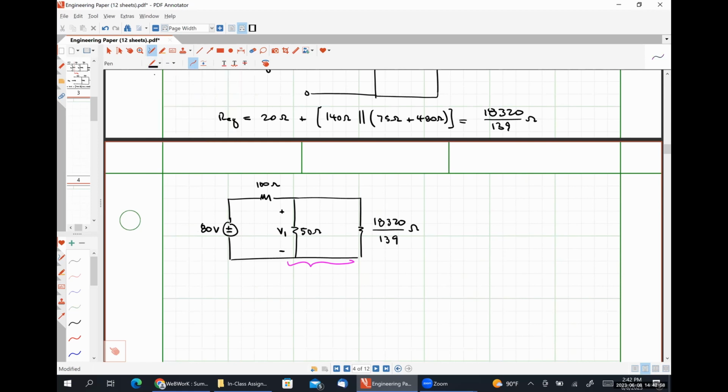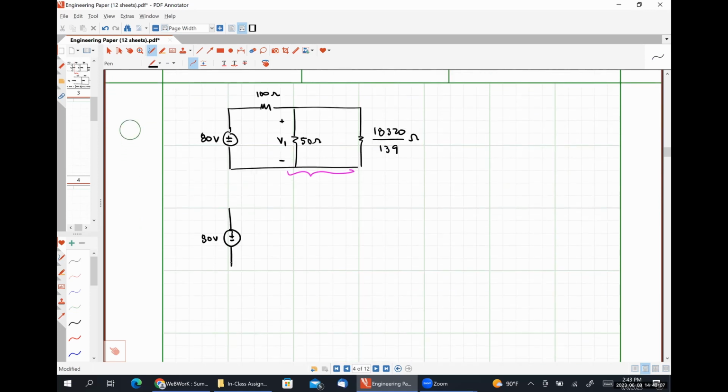So from here, I could combine those two resistors together, leaving me with 80 volts in series with 100 ohms, in series with, let's see, 50 ohms in parallel with that 18,320 over 139, which is 36.2485 and some change ohms, over which we're trying to find the voltage V1.